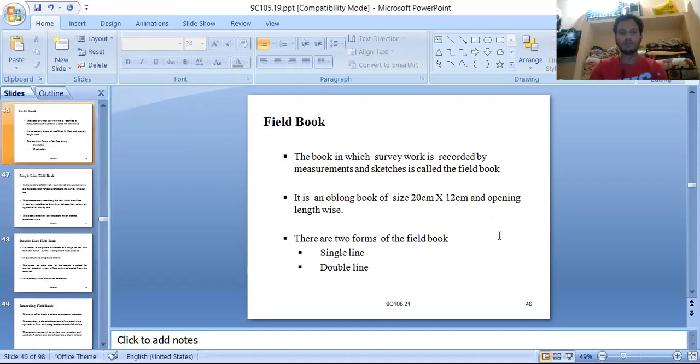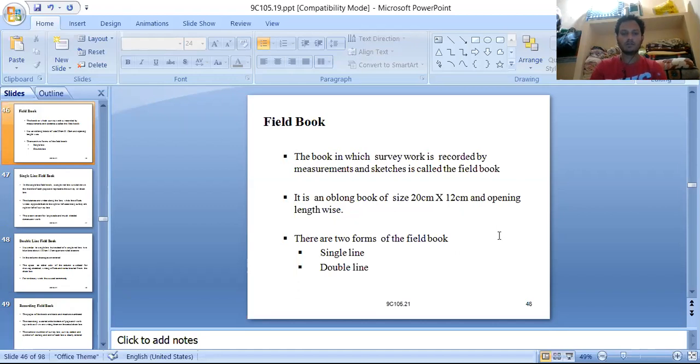The most important part in chain survey is recording the measurements, which is done in the field book. We will discuss in detail about the field book. The book in which the survey measurements and sketches are recorded is called a field book.